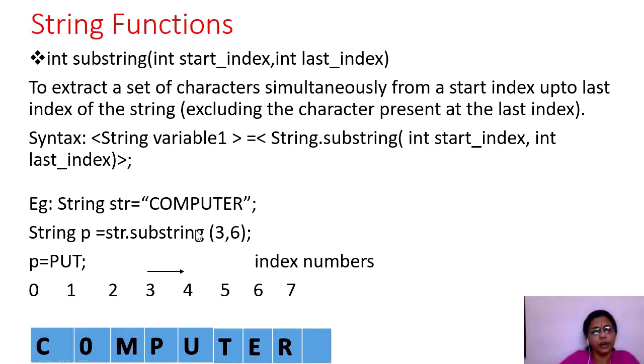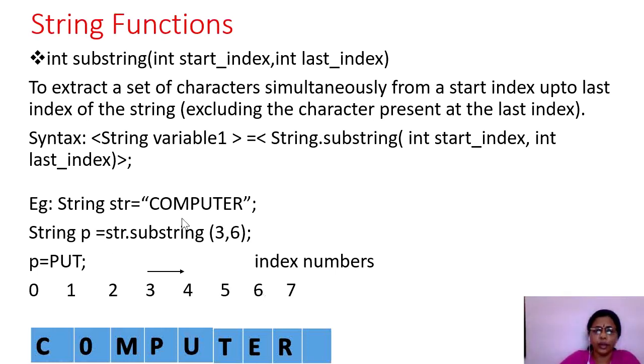Now look into this function. str.substring(3, 6). So where is my 3? My 3 is at P. Where is my 6? My 6 is at E. Here the difference is that it includes the starting index and excludes the ending index. So if I say 3, 6, then characters at 3, 4, 5 will be extracted. The 6th character will not be extracted. Clear?